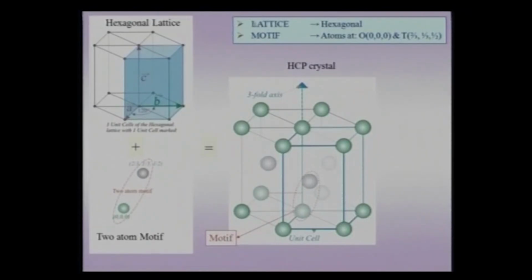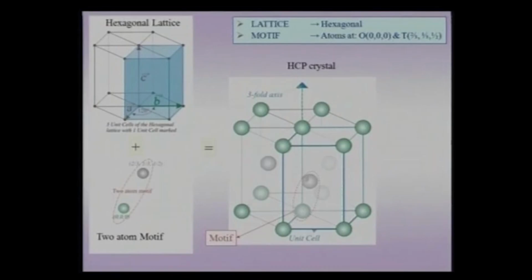We note that the lattice is hexagonal, and the motif is an atom at 0 0 0 and also another atom located 2/3 along the A1 axis, 1/3 along the A2 axis, and half along the C axis. This is my additional atom, and that atom is part of the motif and is not part of the lattice itself. Therefore, if this is my lattice point, then this atom here is part of the motif.